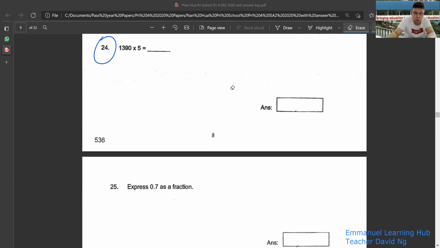Then what's the answer for 24? You do the multiplication, then you tell me what's the answer. You know how to multiply, right? Yeah.